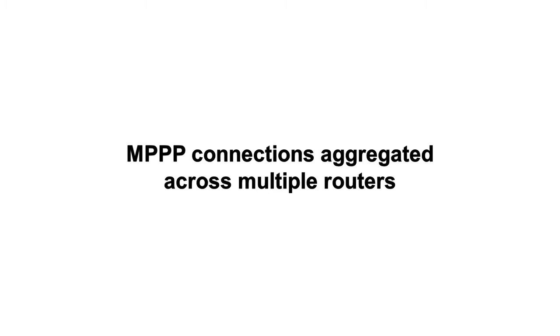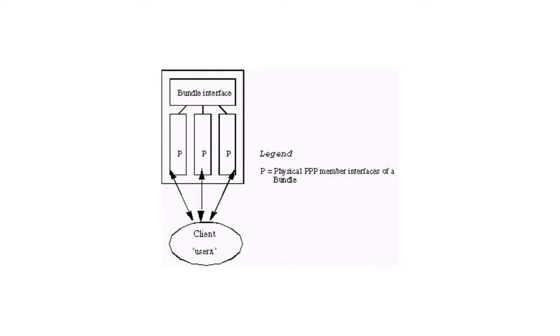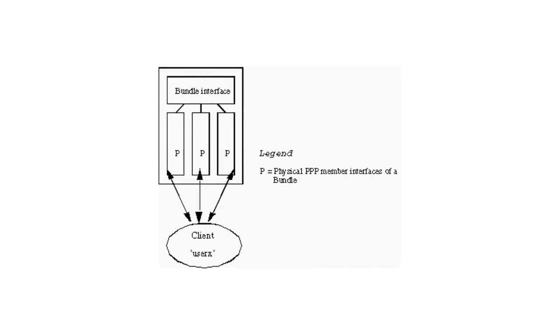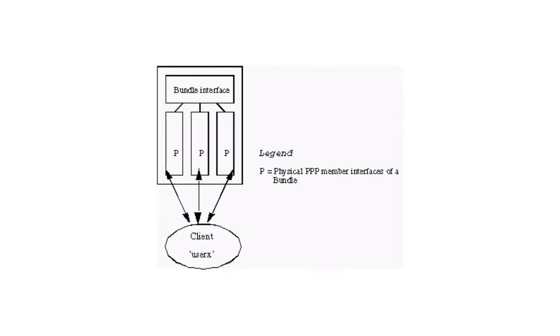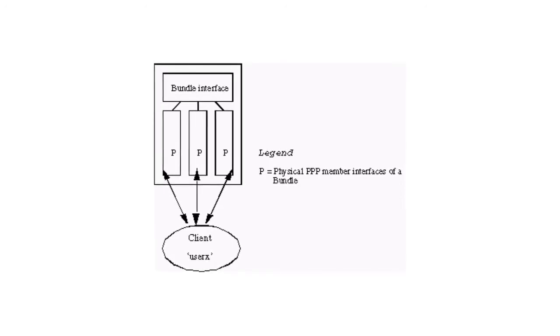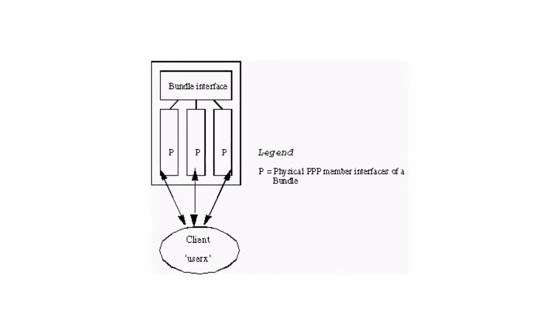MPPP connections aggregated across multiple routers. An extension to Multilink Point-to-Point Protocol, called Multichassis Multilink Point-to-Point Protocol, which some vendors support, allows MPPP connections to be aggregated across multiple routers and network access servers, in a way that is transparent to the dial-up MPPP client.